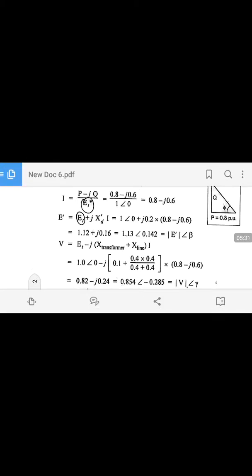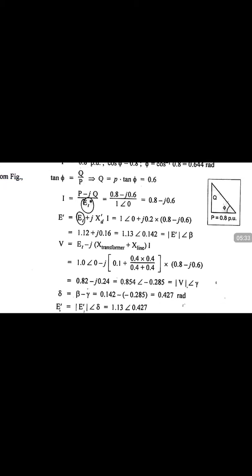And second, we need to find the infinite bus voltage. So from ordinary calculation, we may write V equals Et minus j times (X transformer plus X line) into I, and Et is 1.0 at an angle 0, minus the transformer and transmission line reactance. I am taking j as common.